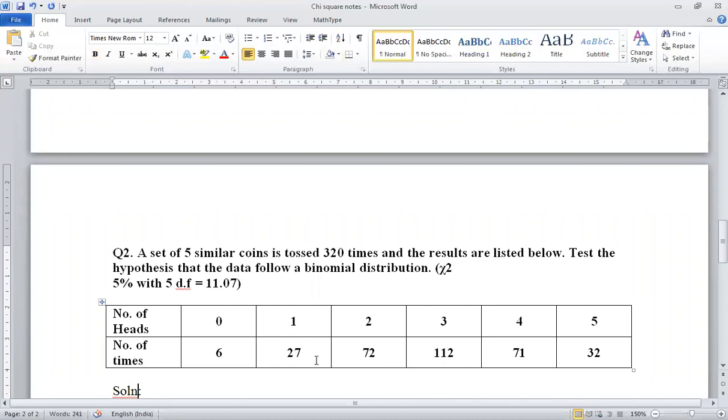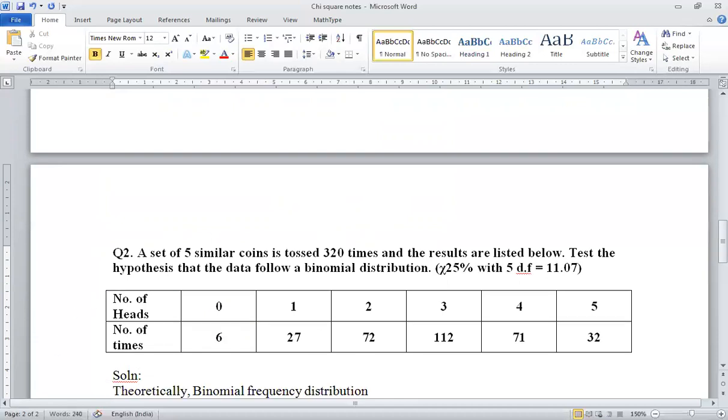A set of 5 similar coins is tossed 320 times, and the results are listed below. Test the hypothesis that the data follows binomial distribution. It is given that chi-square at 5% with 5 degrees of freedom is 11.07.